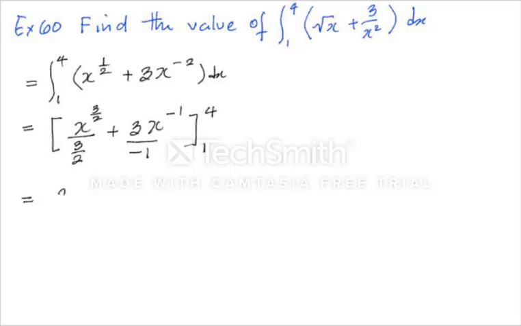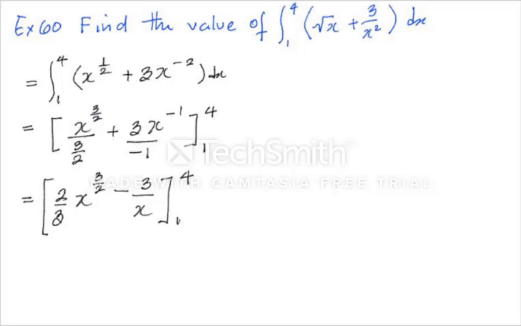This becomes 2/3 x to the 3 over 2, minus, I have 3 at the top and down by the bottom I have x. And this is from 1 to 4. So dividing by 3 over 2 is the same as multiplying by 2/3.